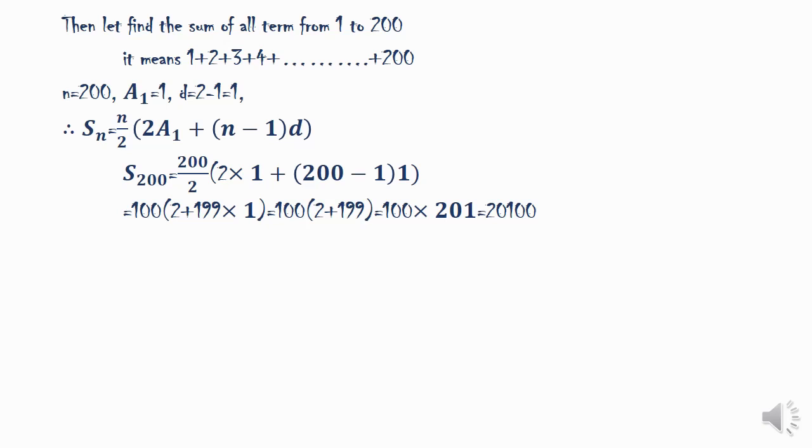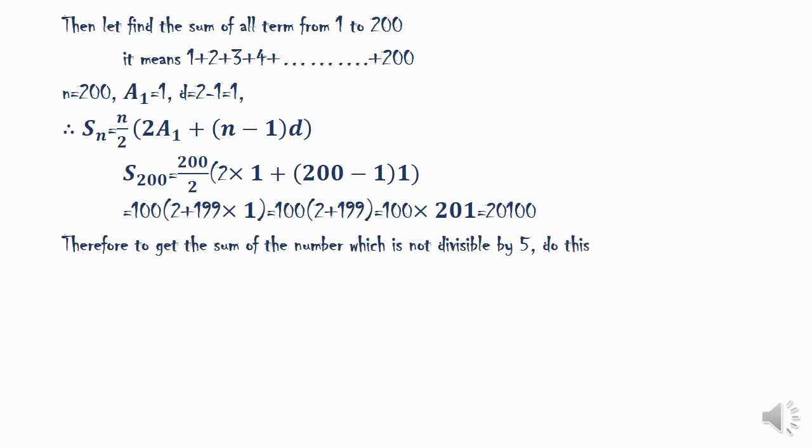You get 20,100. Therefore, to get the sum of the numbers which are not divisible by 5, do this.